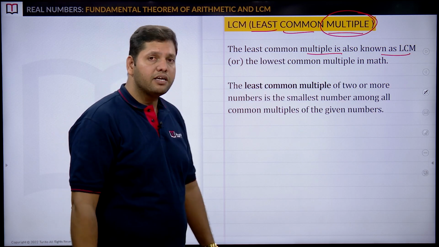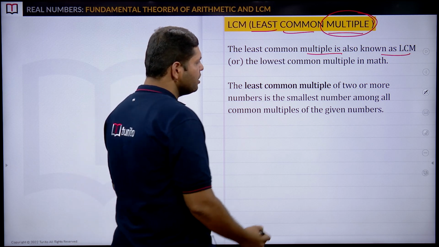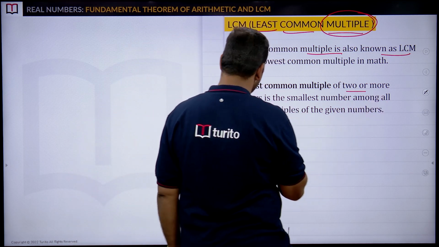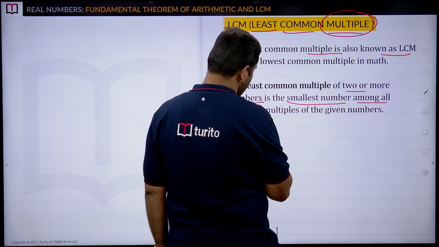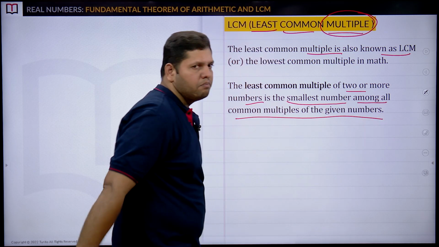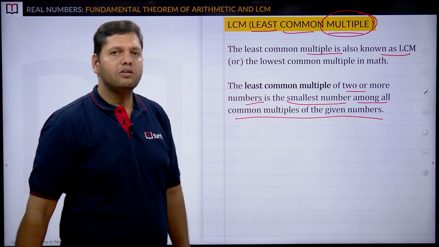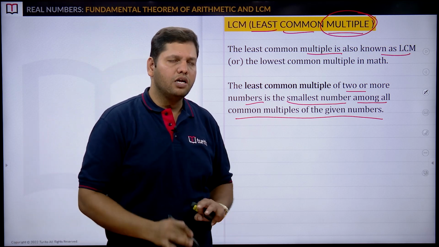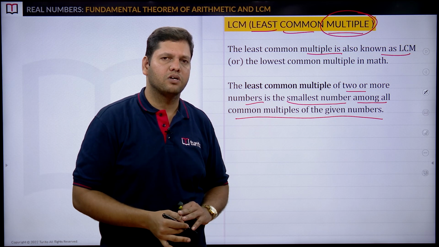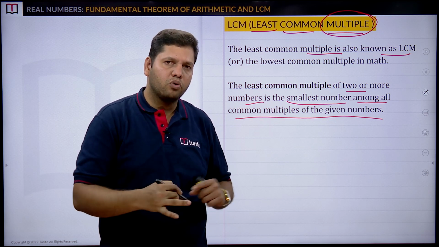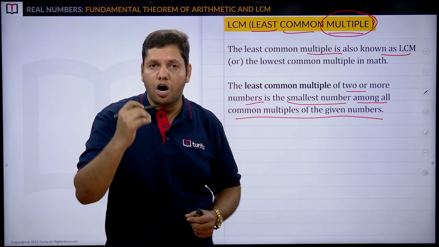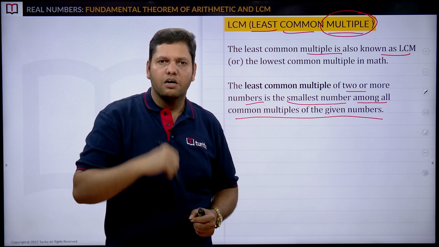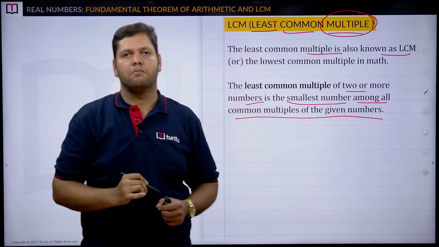But how can we find the LCM? The least common multiple of 2 or more numbers is what, children? The smallest number among all common multiples of the given numbers. First of all, we need to write all the multiples, not all, at least you can write a few multiples. After writing a few multiples of both the numbers, just select only the common numbers, like common multiples of the first given number and the second given number.